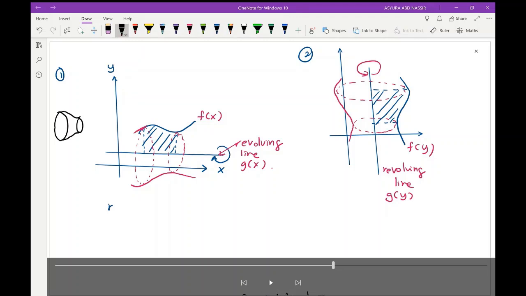If we draw it, it's a three-dimensional object like this one.